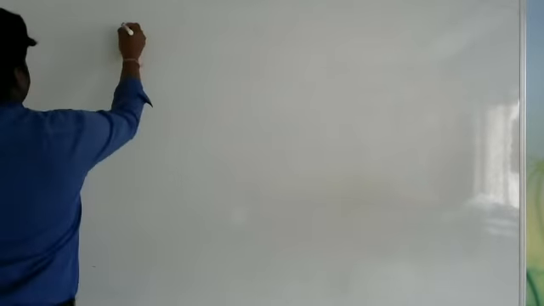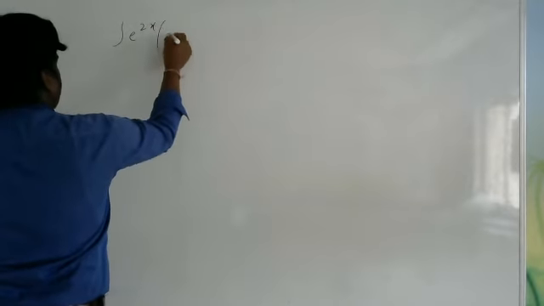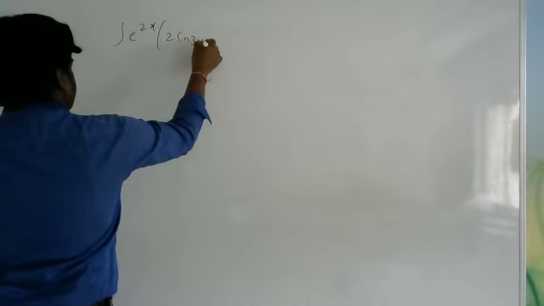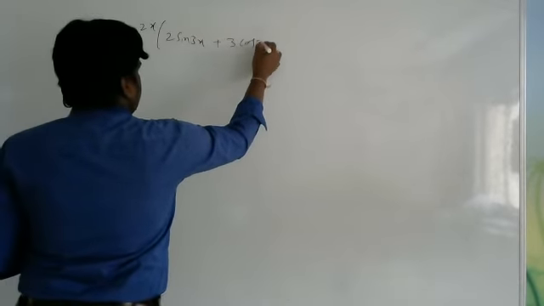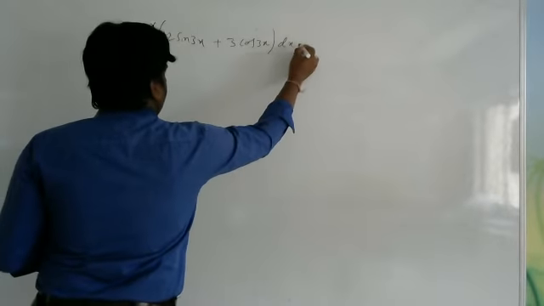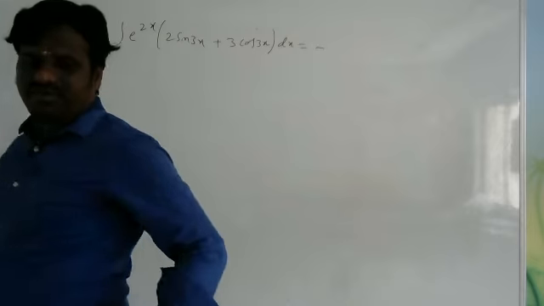So, next one, integration of e to the power of 2x into 2 sine 3x plus 3 cos 3x dx is equal to dash. So you want to find integration of this one.